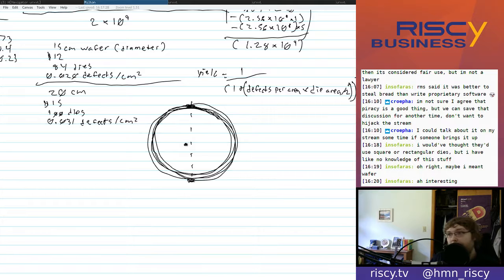Once we have that, we can figure out what the die size is, because all the dies are the same size. So we figure out what size it needs to be to pack 84 of them in there. That's kind of the idea here.